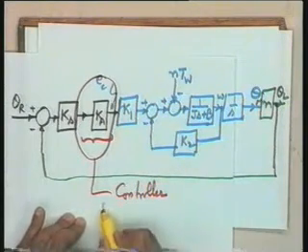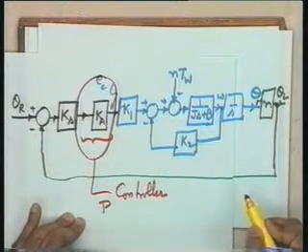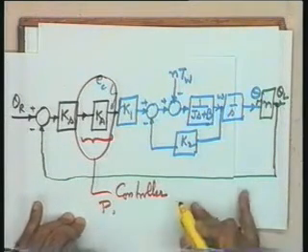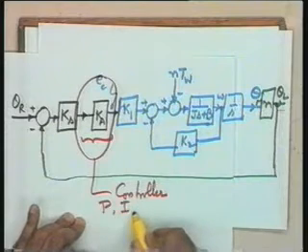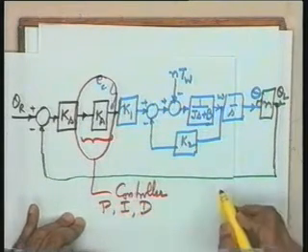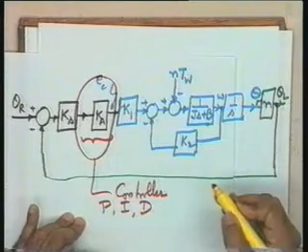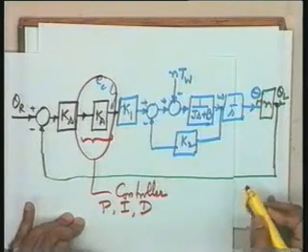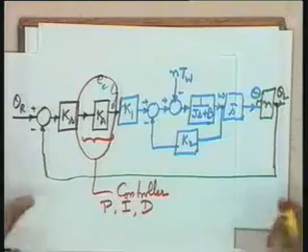And three basic actions of the controller have already been hinted at. The three basic actions are the proportional action, the integral action, and the derivative action. Well, these are only the guidelines. Controller actions which are more complex than these are also allowed. Okay? This will be your control problem, as we will see.